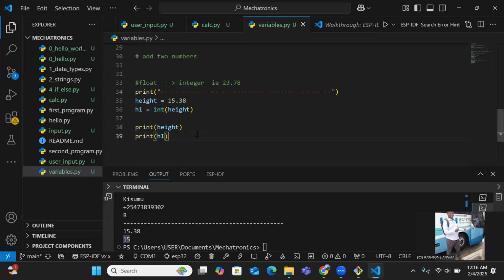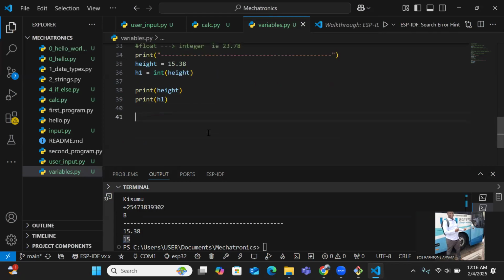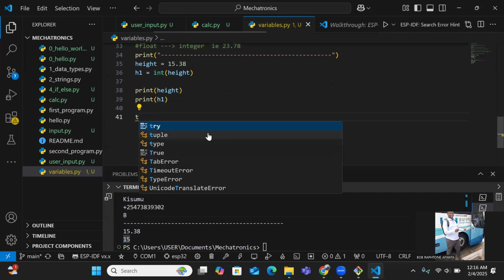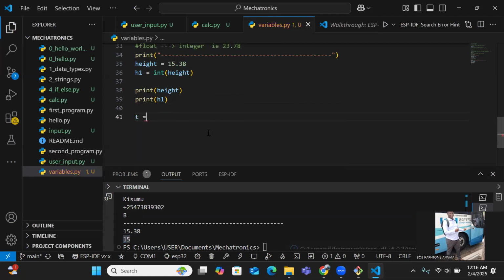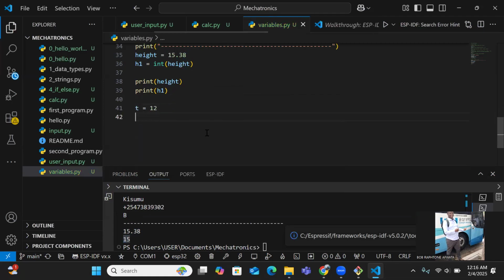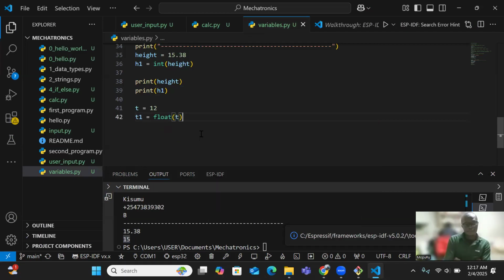Similarly, if you have something which is an integer, like t, maybe time remaining is 12, and then t1 is equal to, you convert it using what? Float t. Yes.